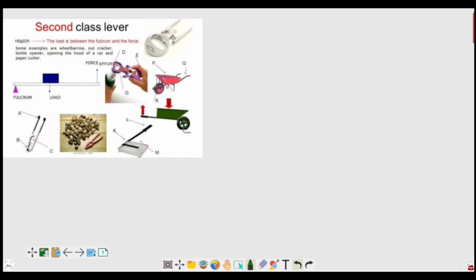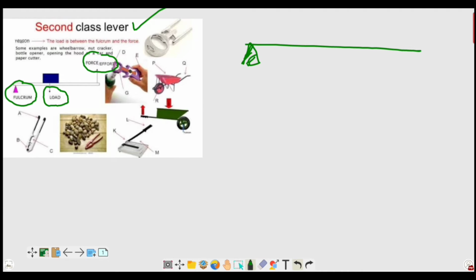Students, whenever load is in between the fulcrum and the effort, then that kind of lever is the class 2 lever. So you can consider in this way. One side the fulcrum is there. One side the effort is there.